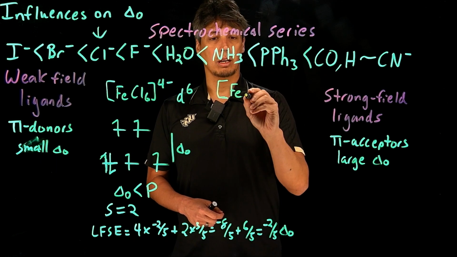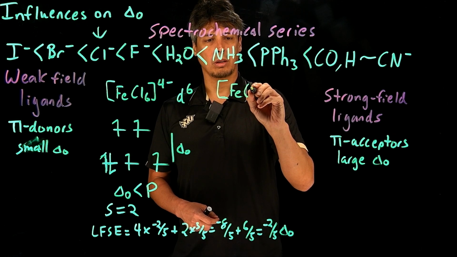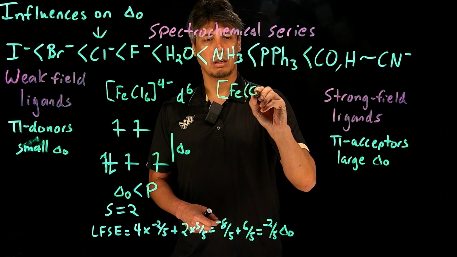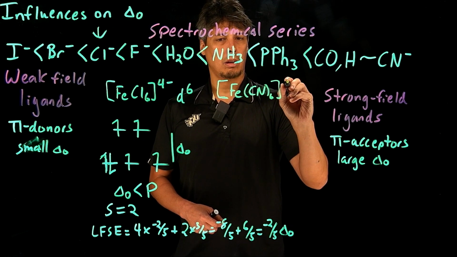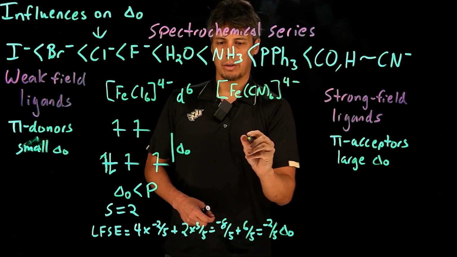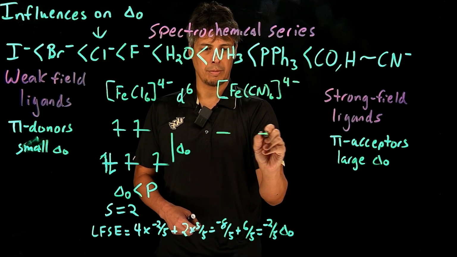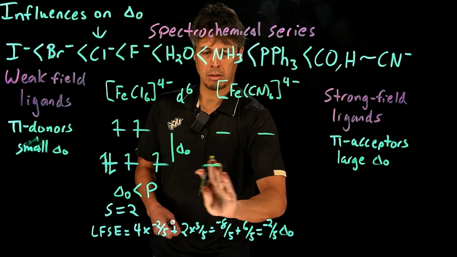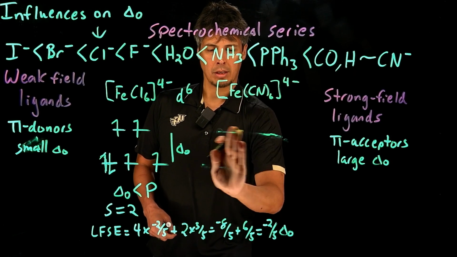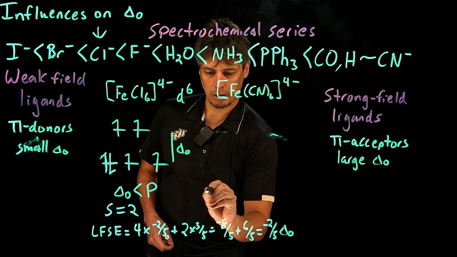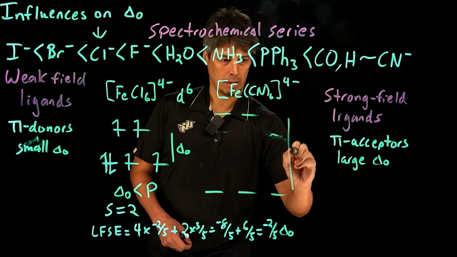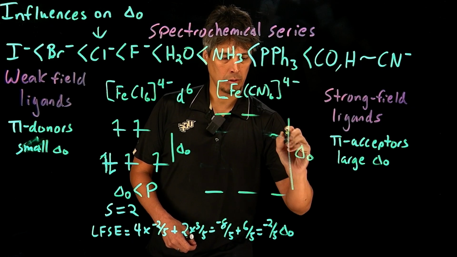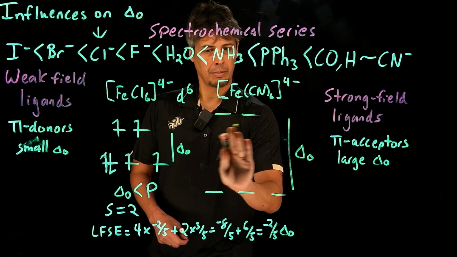Okay, now let's compare that to another d6 complex where we just change the ligands to, for instance, cyanide. So we're going to look at ferrocyanide. Right. In this case, being stronger field ligands, this is going to have a larger crystal field splitting energy.